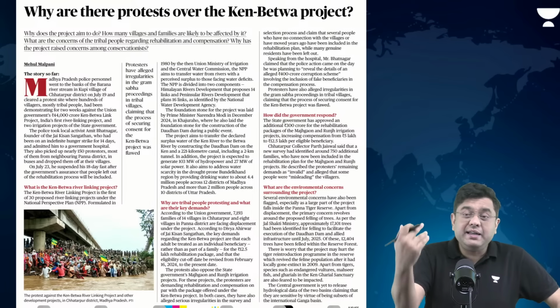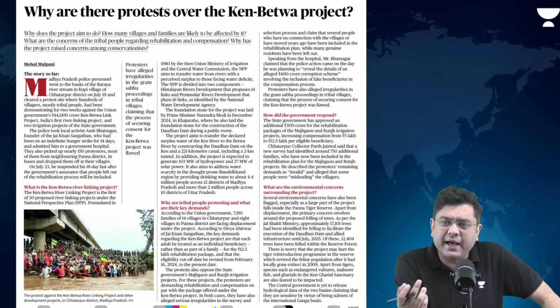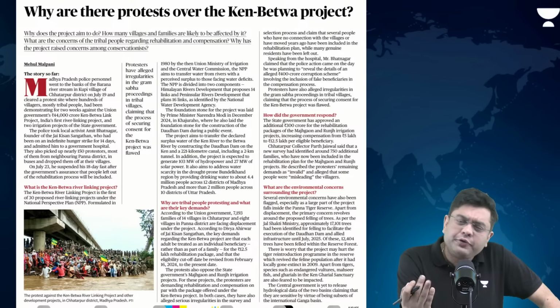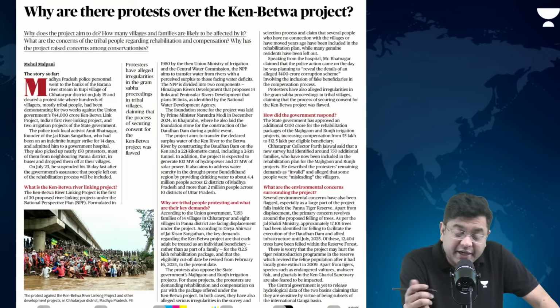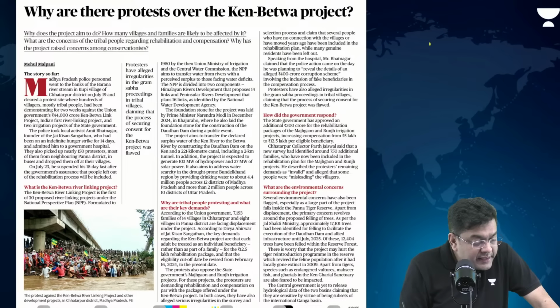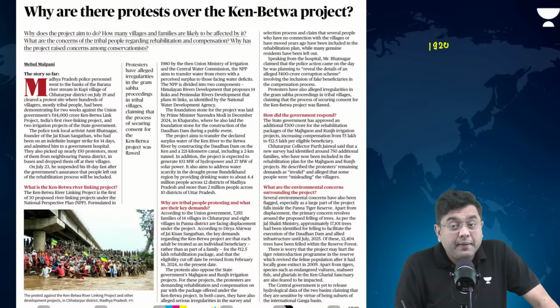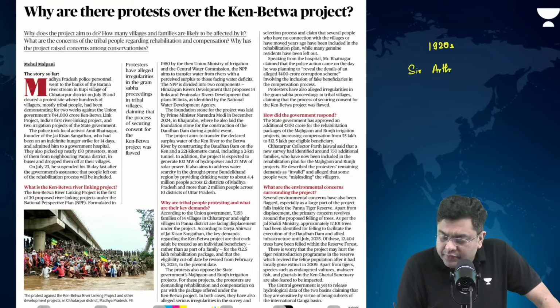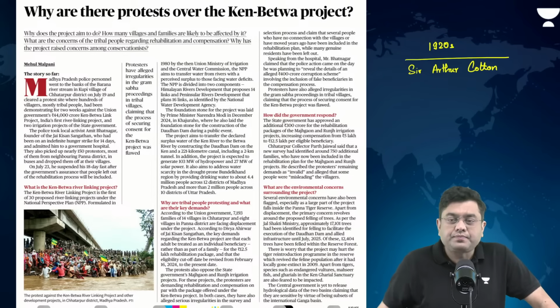Now, this river interlinking project in India has its own historical background. It was first formulated during the British era in the 1920s by the British administrator Sir Arthur Cotton, who was a British official in the Madras presidency.